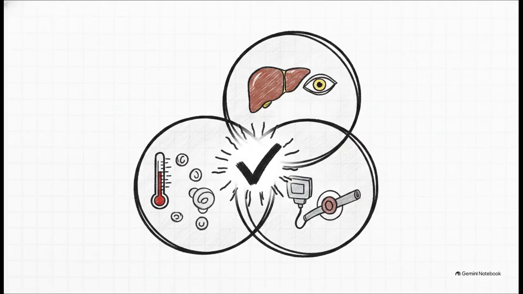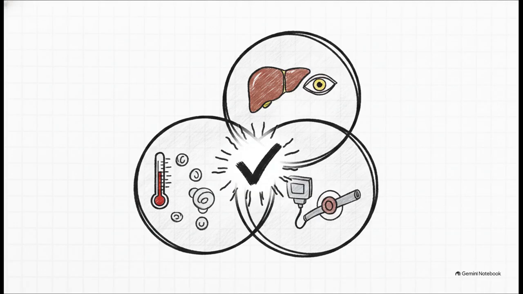To formalize our clinical assessment, we use the Tokyo guidelines, specifically the TG18 criteria, to definitively diagnose and grade the disease. These criteria are divided into 3 distinct domains. Domain A requires evidence of systemic inflammation, like a documented fever or a markedly elevated white blood cell count. Domain B demands evidence of cholestasis, which presents as clinically obvious jaundice or significantly abnormal laboratory markers, like elevated bilirubin and alkaline phosphatase.